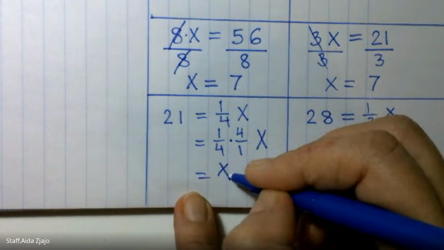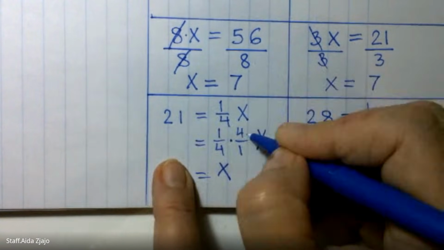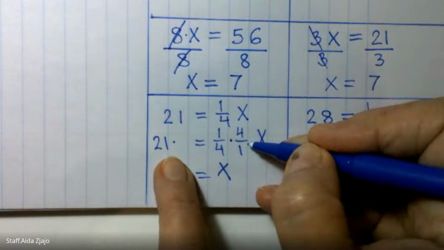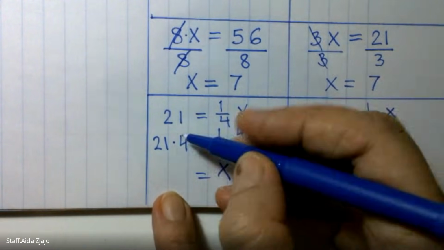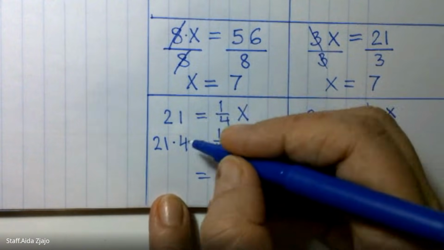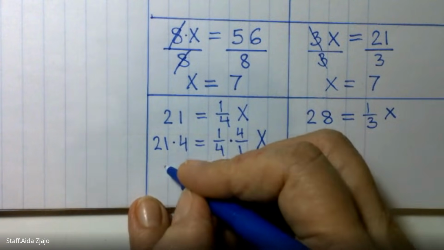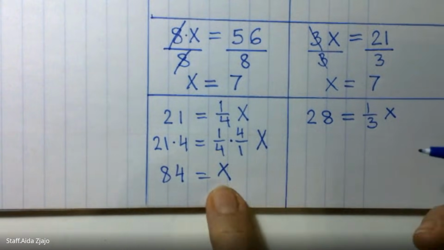But the other side would be also 21 times 4 over 1, which is the same as 4. So 21 times 4 would be 84 as our answer. So x is 84.